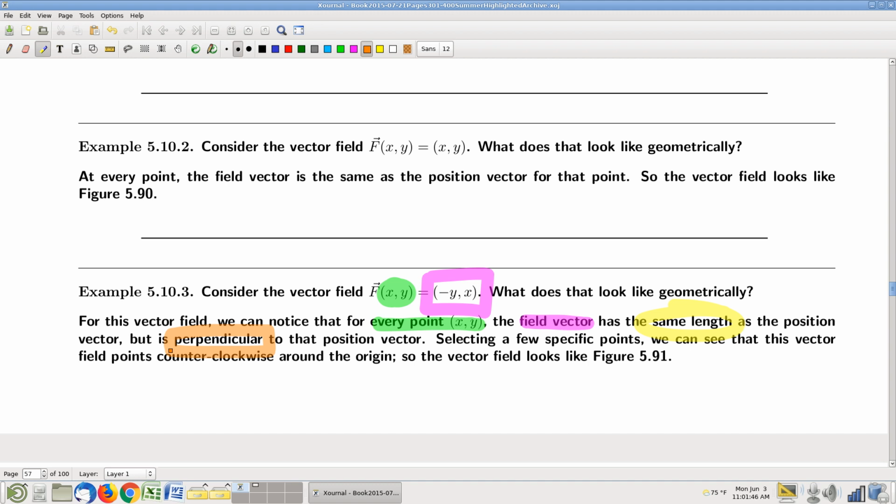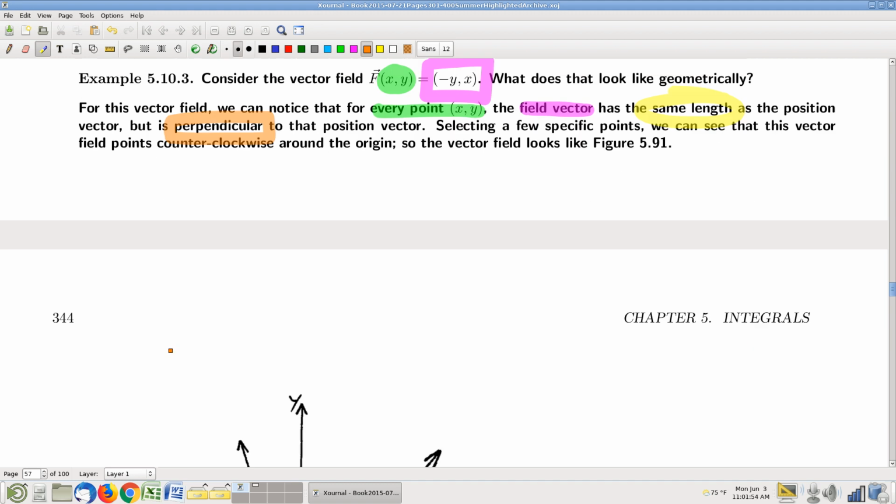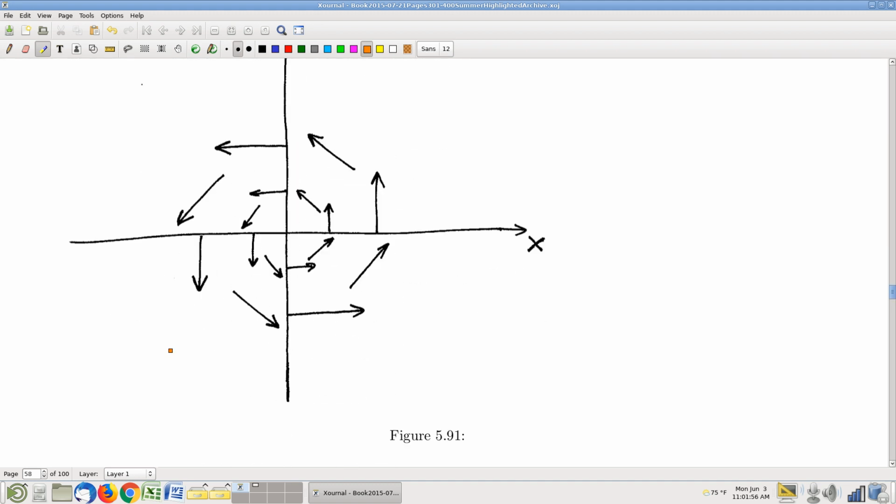The field vectors and the position vectors for the related point are always of the same magnitude and perpendicular. And that suggests a picture like this. So for any point, you think about the position vector for that point. The field vector is perpendicular but of the same magnitude.